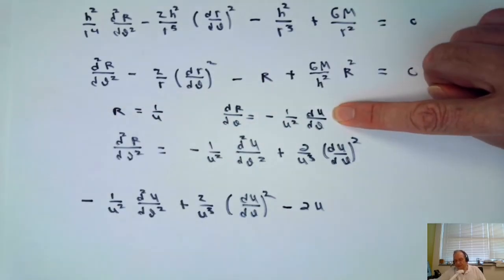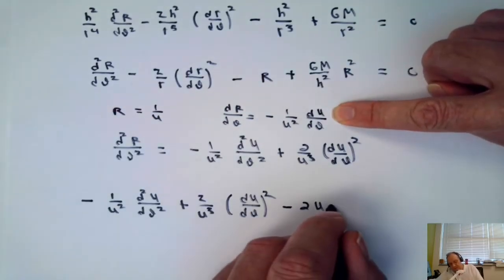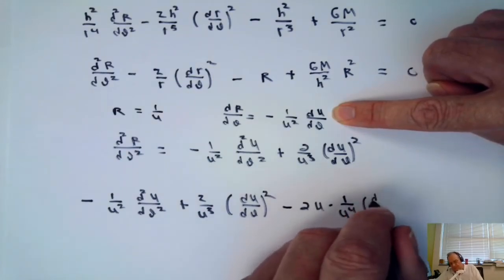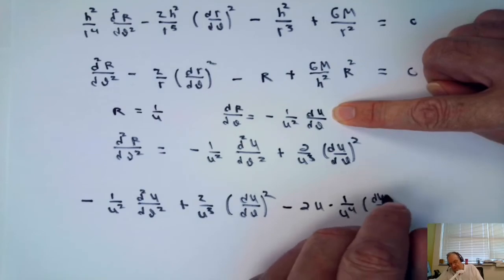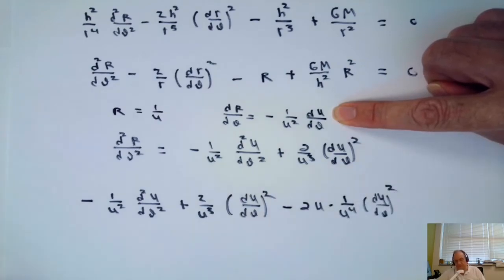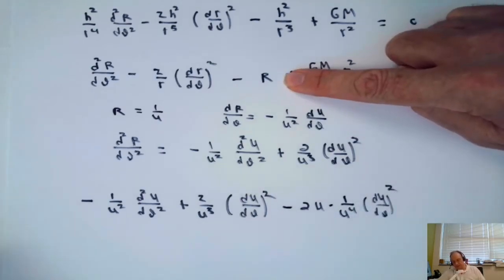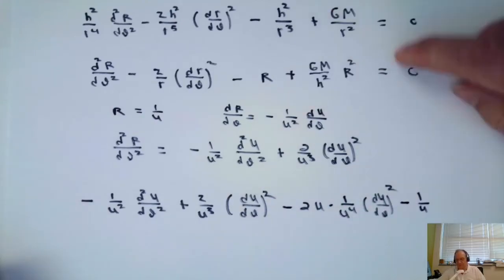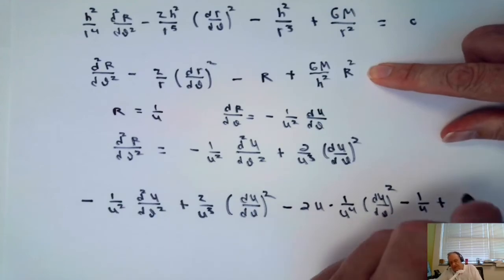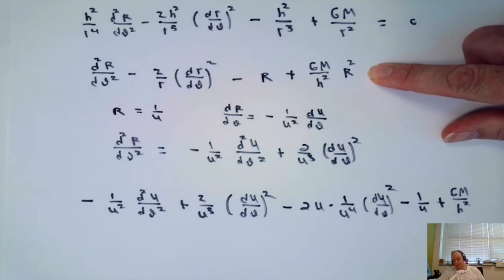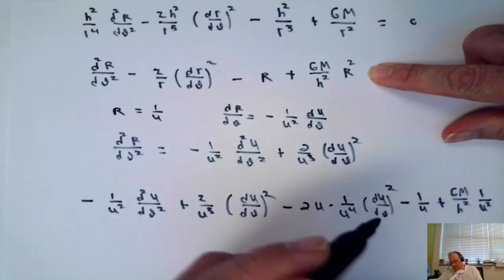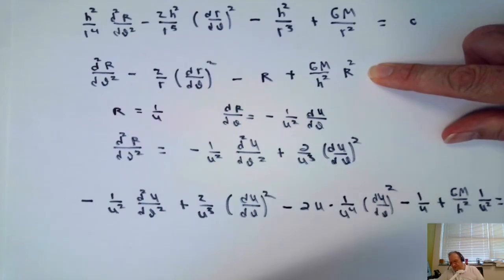When I square this, the negative sign goes away. I'll have 1 over u to the 4th power du d theta squared minus r minus 1 over u plus GM over h squared times r squared times 1 over u squared must be 0.